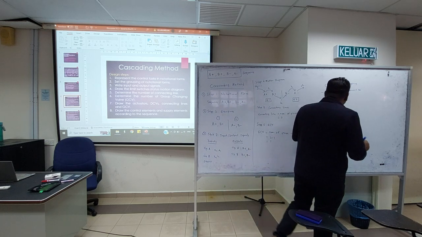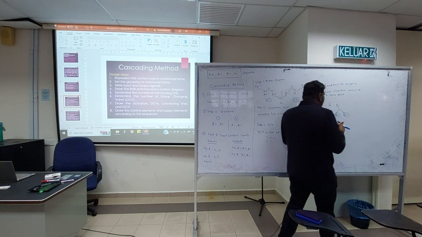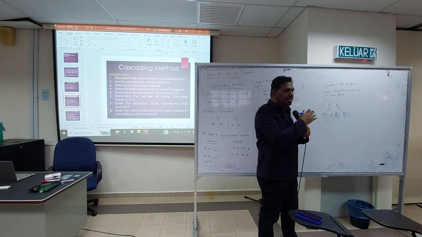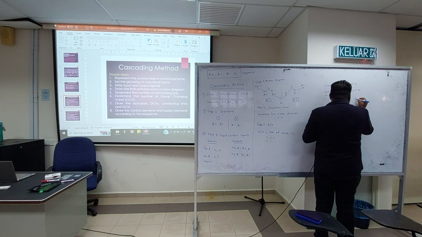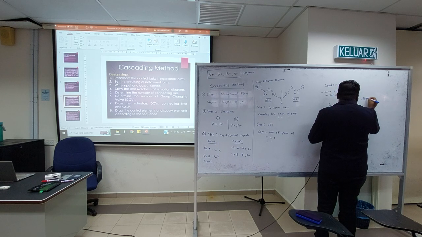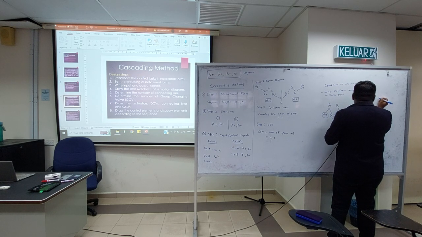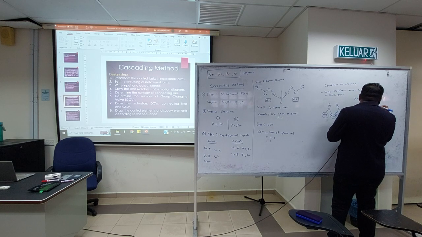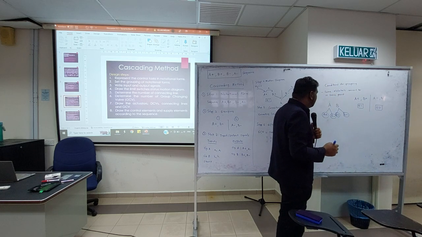First you need to decide which alphabet to put where. I prefer to put all plus in one group and all minus in another. So A plus and B plus are group 1, and A minus and B minus are group 2. I prefer it like this.